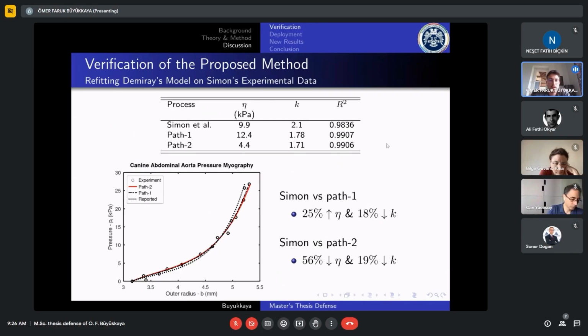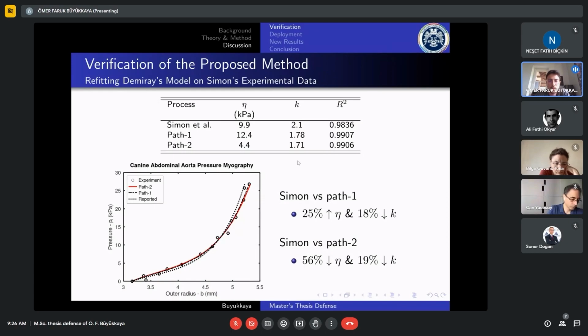And we get the output of our study, and the reported parameters are presented in this table. We get results that have a coefficient of determination higher than 0.99.